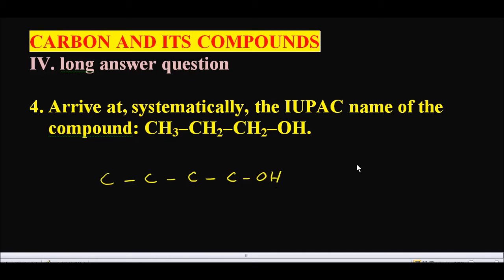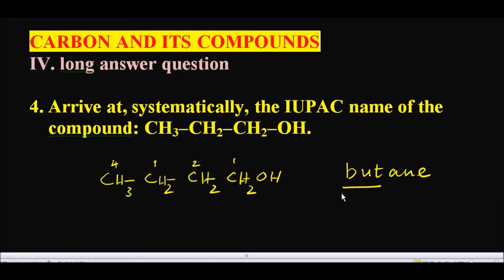It shows that there are 4 carbons in the longest linear chain, so the root word would be but. The parent compound is butane, and this is the formula CH3CH2CH2CH2OH. 1, 2, 3, 4: 4 carbons are there.